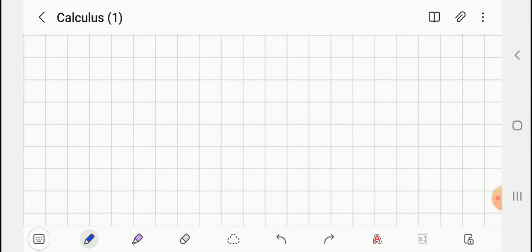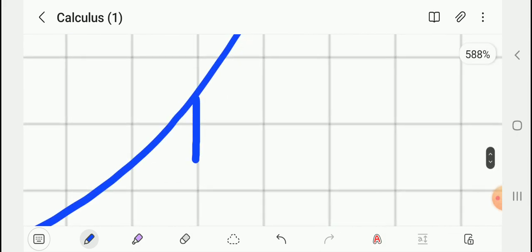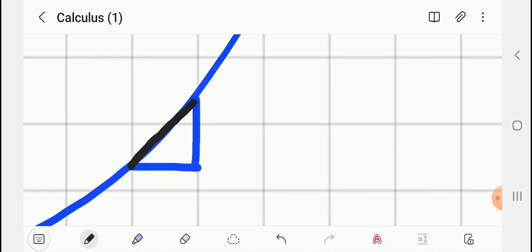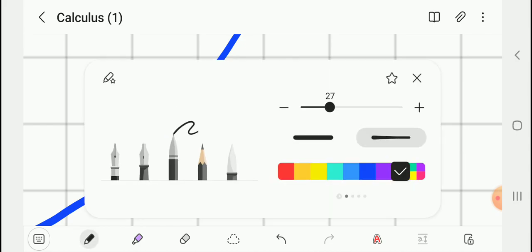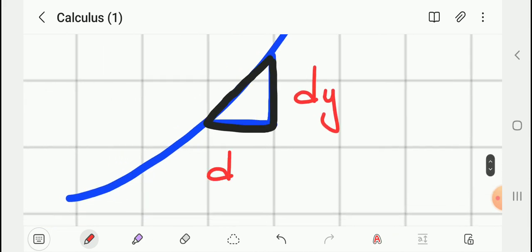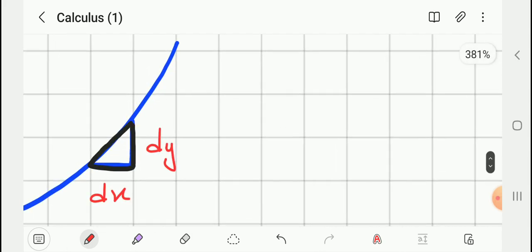Here's the graph. If we take only this portion, for this respect it is a straight line, and for our convenience we will call this portion dy and this portion dx, on the y-axis and x-axis.